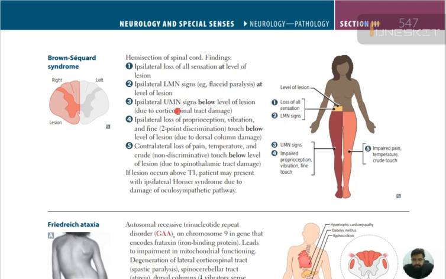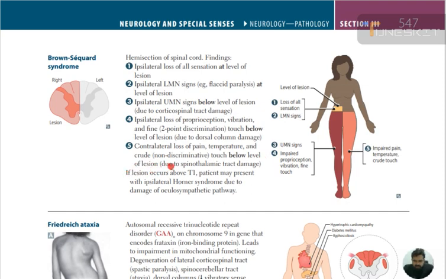If there is damage of the corticospinal tract, we would have upper motor neuron signs. If there is damage of the dorsal column, we would have loss of proprioception, vibration, and fine touch. And if there is damage of the spinothalamic tract, then we would have contralateral loss of pain, temperature, and crude, non-discriminative touch below the level of lesion.